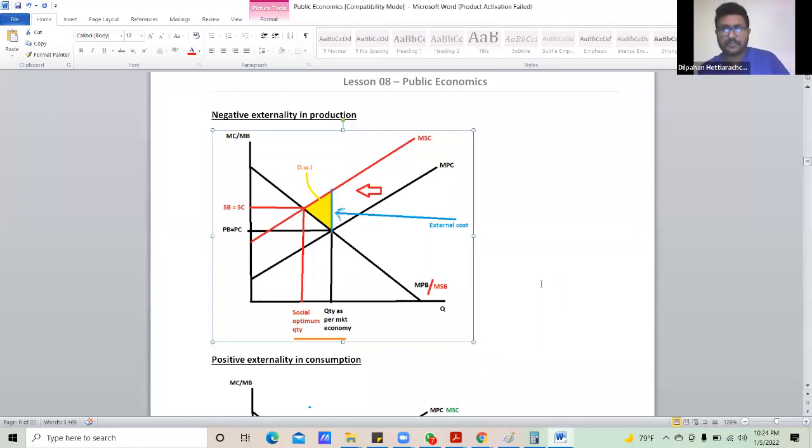So if the market economy performs alone, they go with these 2 black color demand and supply curves. Therefore, we call them the personal benefit curve and personal cost curve. MPC, marginal personal cost. MPB, marginal personal benefit. Right? And PB and PC are equal at that equilibrium.